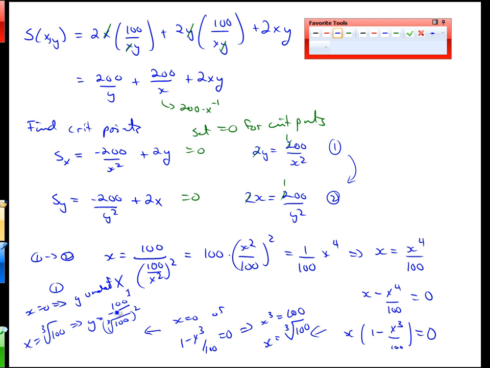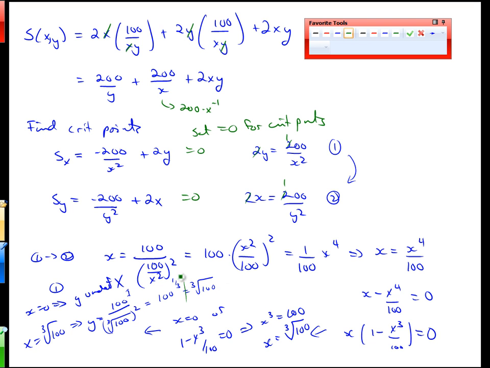And if you think about the powers, that's 100 to the 1 divided by 100 to the 2/3. Well, that's 100 to the 1/3, or also cube root of 100.